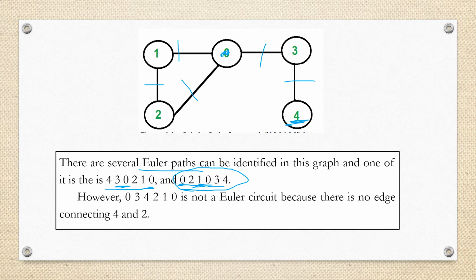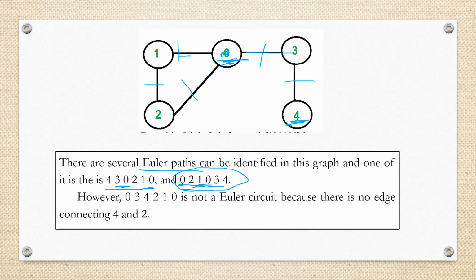Pero yung mga vertices, kahit ilang beses natin gamitin, okay lang, as long as ang mga edges isang beses lamang. In this case, kahit dalawang beses natin nagamit ang 0, still, yung mga edges natin ay isang beses lang natin nagamit.